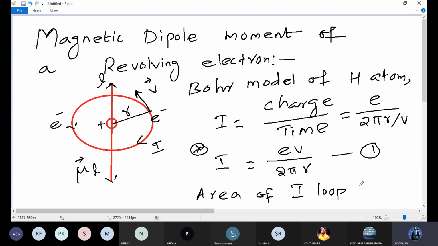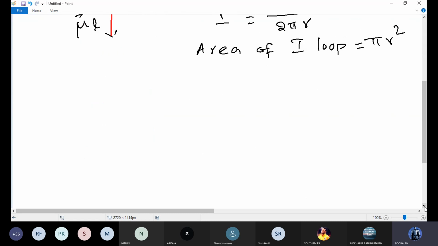It is pi r square. So now we should find the orbital magnetic moment.